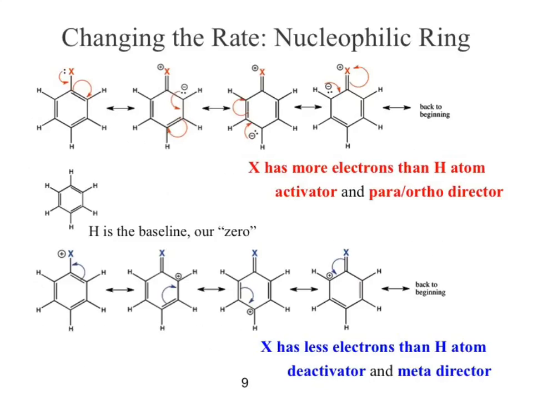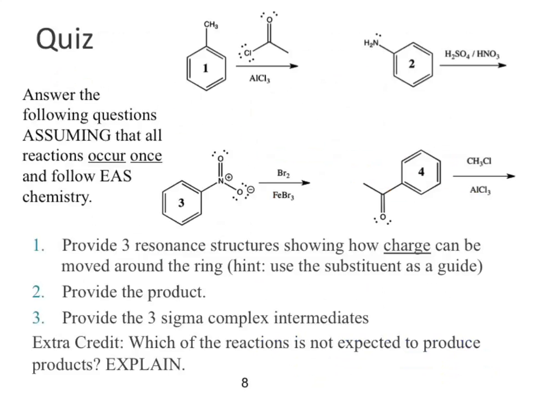Those 2 positions don't have any charge, which means they shouldn't react fast. That's why it's a deactivator. And those 2 positions happen to be equal to each other. They're the meta positions. If you take a look at the products for question 3, you'll notice that the bromine was put in the meta positions.